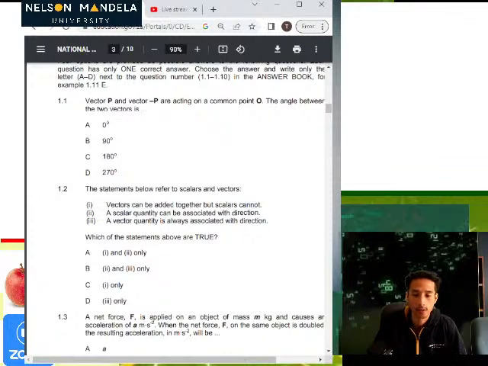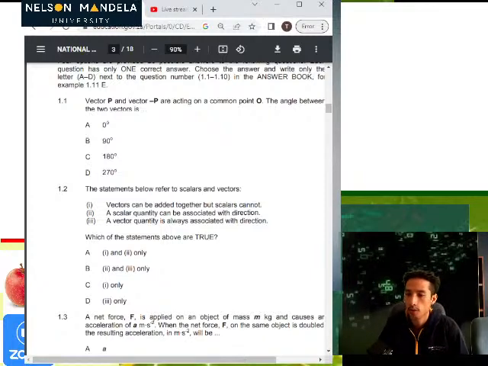If I have a quantity such as speed, you will know that if I add two different speeds together, or two different distances, as distance is a scalar, I would also get an output of a scalar, which therefore implies that this statement about vectors being the only quantities that can be added together, excluding scalars, is false.